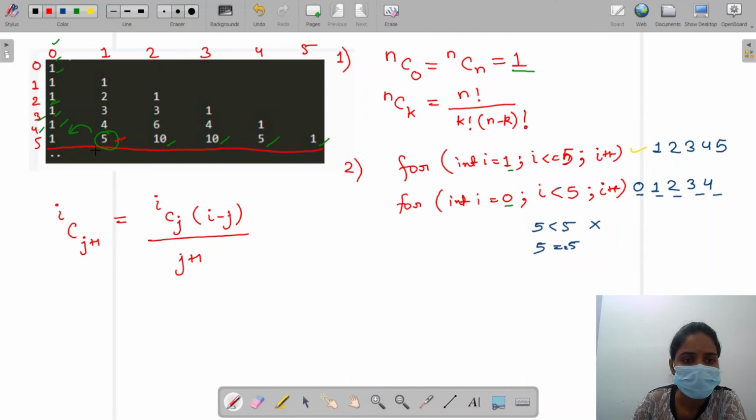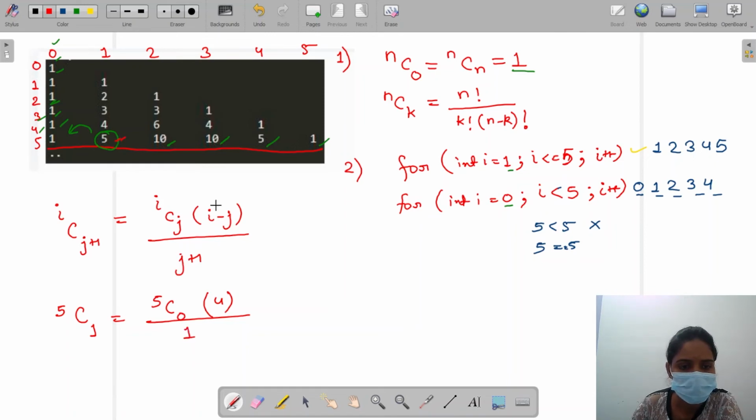See, if I want to calculate ICJ plus 1, I is 5, J is 0, plus 1, that is I want to calculate this value, that is 1. ICJ is the previous value, that is 5C0. I minus J, I is 5, J is 0, 5 minus 0 is 5, divided by J plus 1, that is 1.